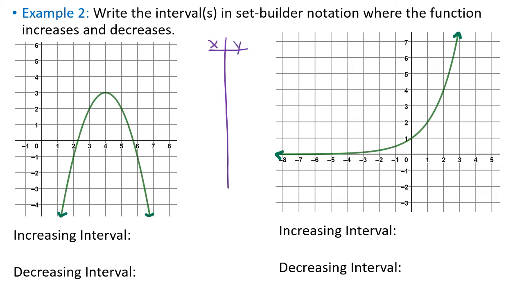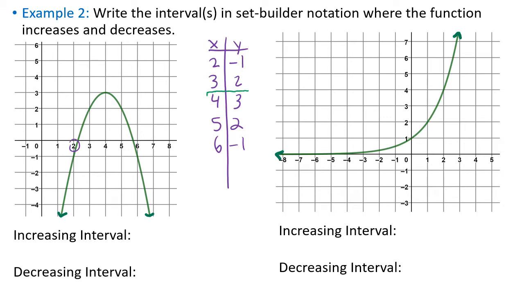I'm going to start off with this 2 here: 2 comma negative 1, 3 comma 2, 4 comma 3, 5 comma 2, and 6 comma negative 1. And so I'm looking for the point where it changes from increasing to decreasing or decreasing to increasing, where the graph changes directions.